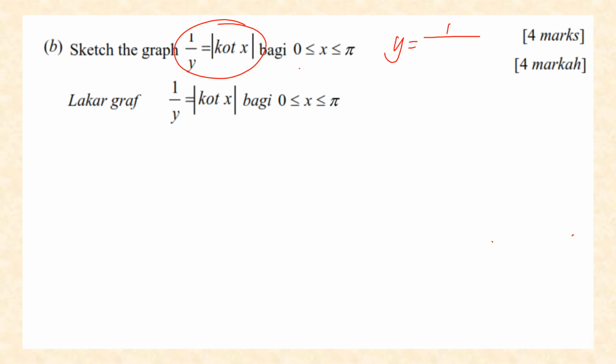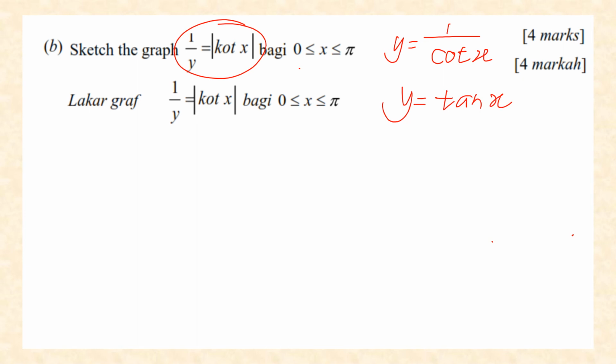We take away the modulus first, because anyhow the modulus is to make the graph reflect on the x-axis, take all the values as positive. So y equals to cot x. What is 1 over cot x? By referring to the hexagon, if you could recall the hexagon, 1 over cot x is actually our tangent. Very good. Who can recall this one? Very good. So what happened now?